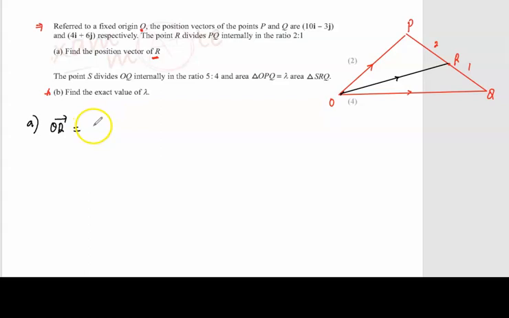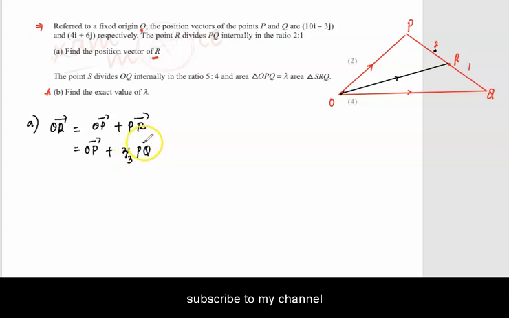I move from O to P and then plus P to R. So I have OP plus PR, but PR is just 2 over 3 of PQ because R divides PQ.